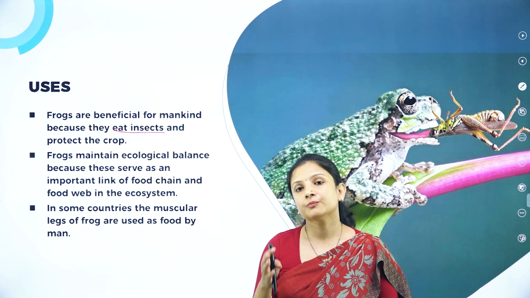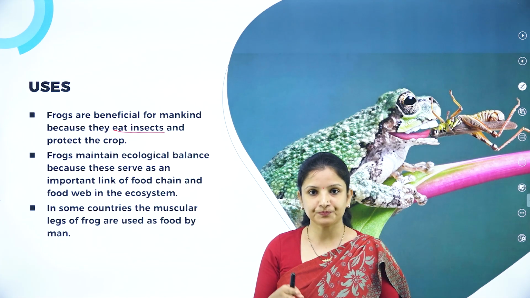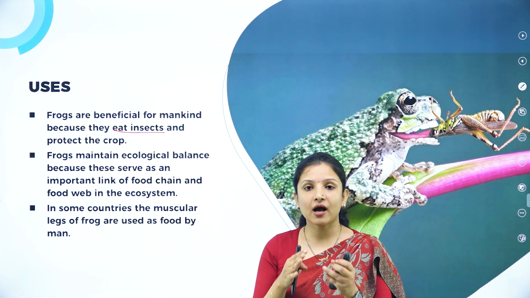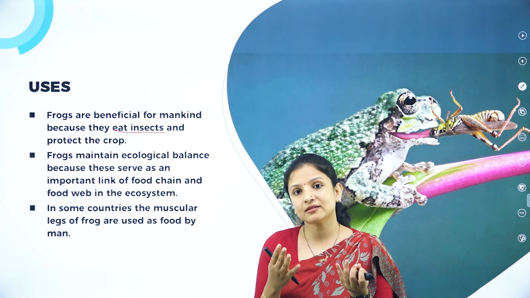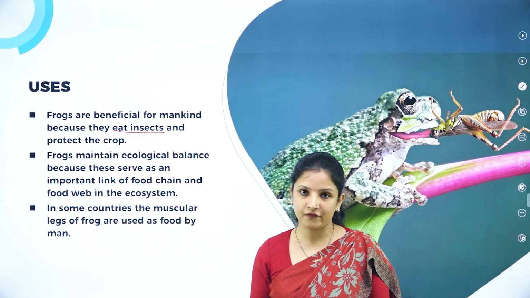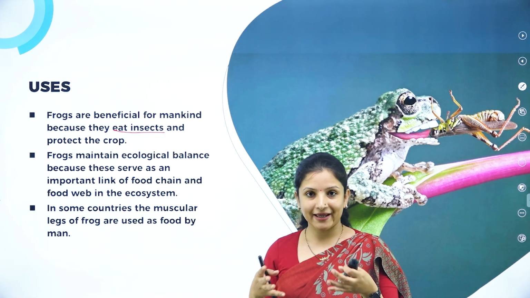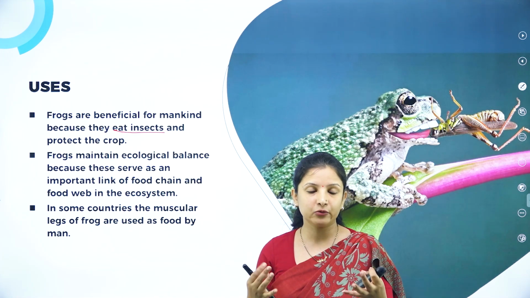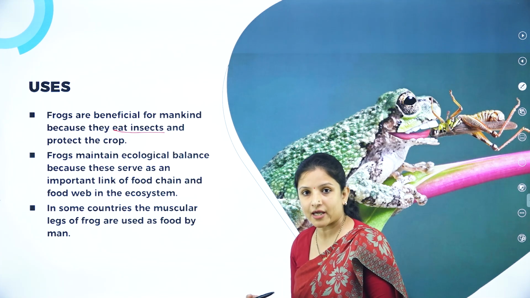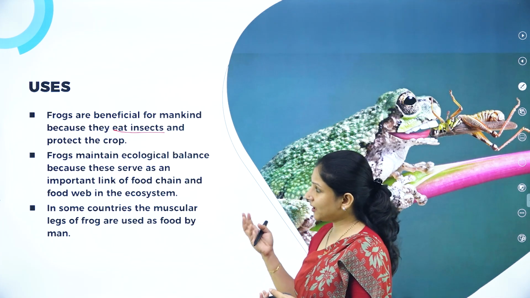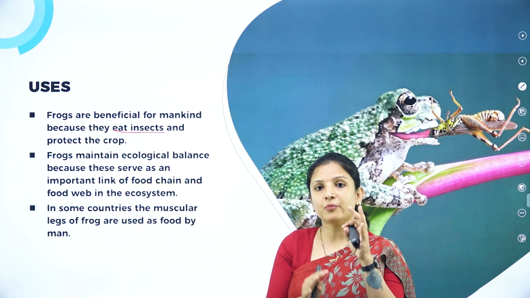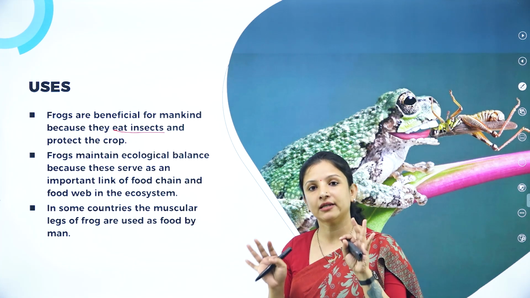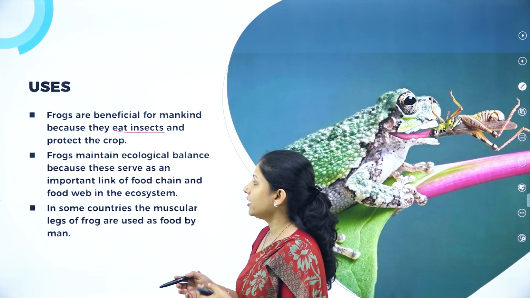Apart from that, insects are thousands in number, and we know that insects come under the phylum Arthropoda, which is the largest phylum. Imagine an insect can lay thousands upon thousands of eggs. Imagine all the eggs hatch and the insects get filled. Where will be the place for other organisms to thrive, right? Because frogs feed a lot on these insects, the population gets balanced, and therefore an equilibrium is maintained in the ecosystem.